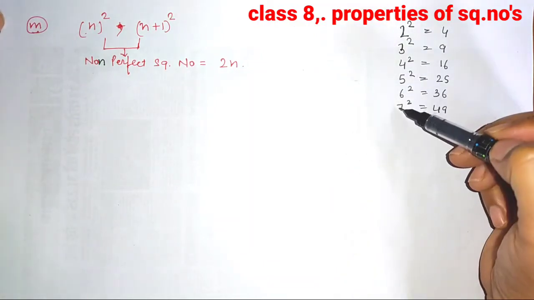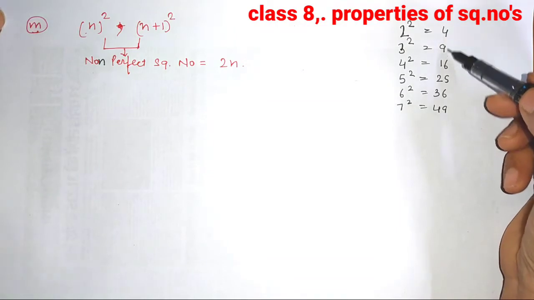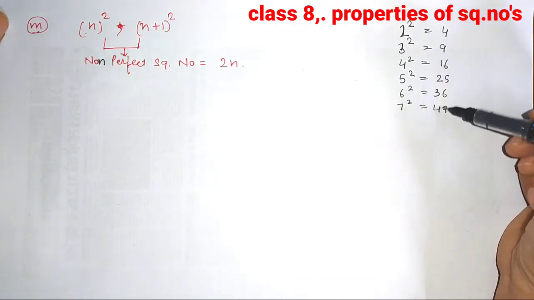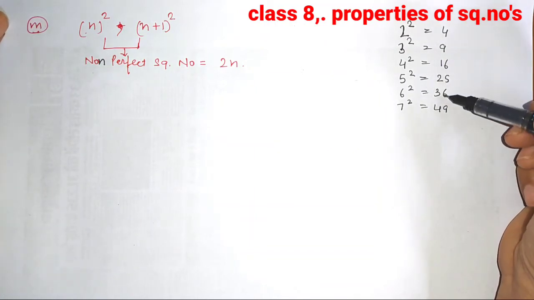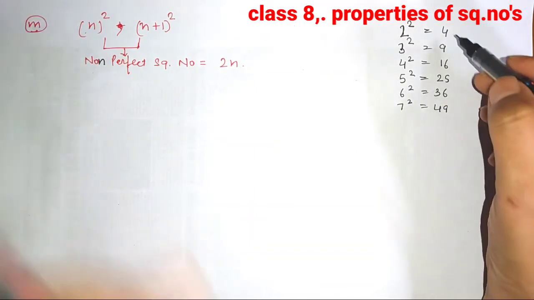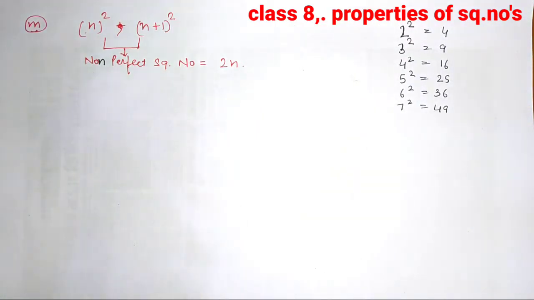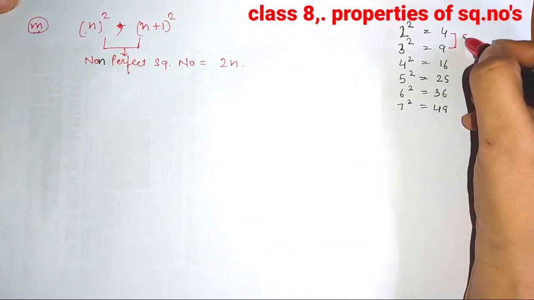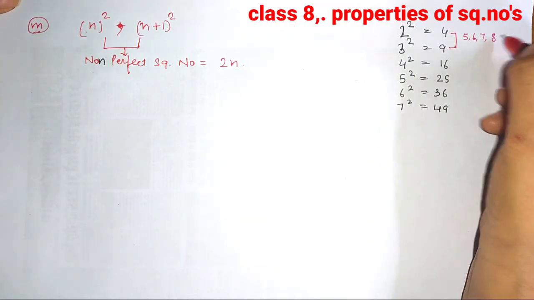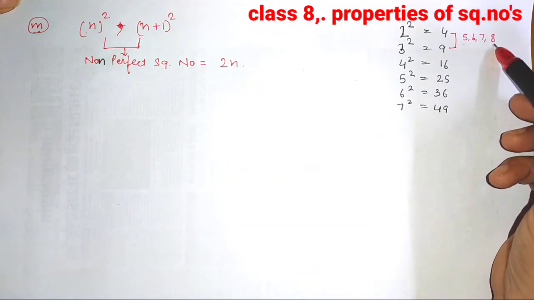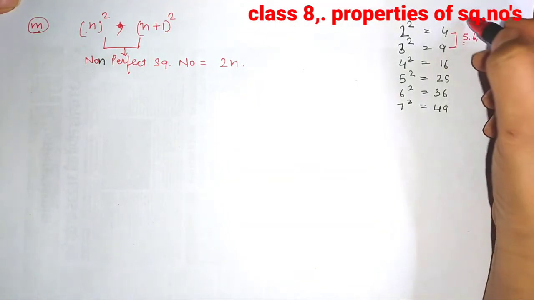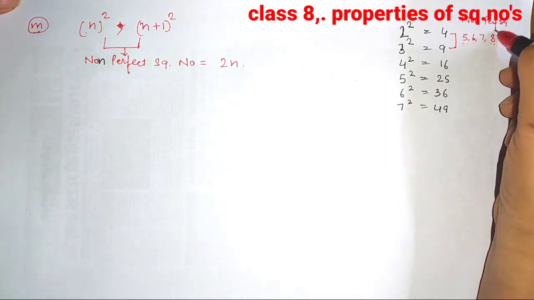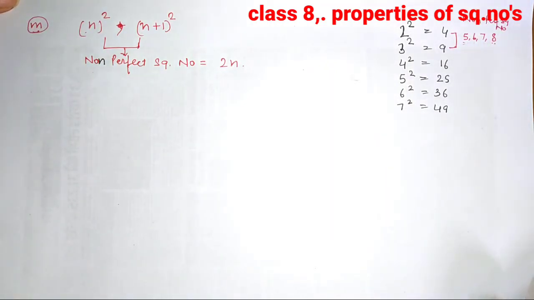These are the perfect square numbers. But in between these perfect square numbers, there are a few numbers which are not perfect squares, like 5, 6, 7 and 8. In between 4 and 9, these numbers lie, and these are the non perfect square numbers.